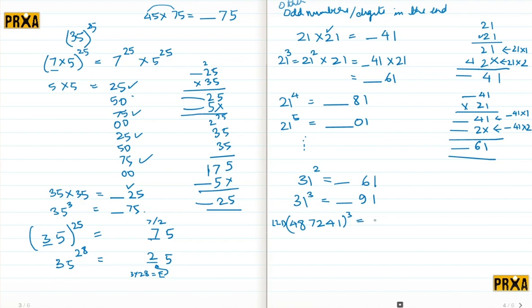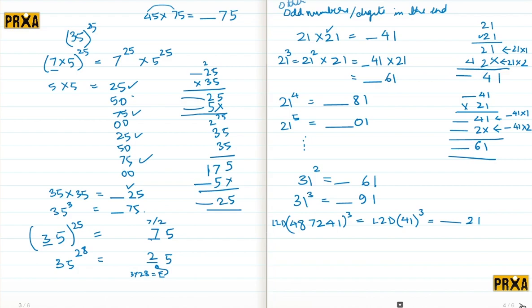It will be equivalent to the last 2 digits of, let me ignore everything here, 41 to the power 3. The last 2 digits of 41 to the power 3 are simply, I'll just use a 1 here, and 4 times 3, 12, last digit of 12, 2. So that's how this is done. I'll come to why I have explained the last digit 1, and the powers of this, in a little while, but don't worry.